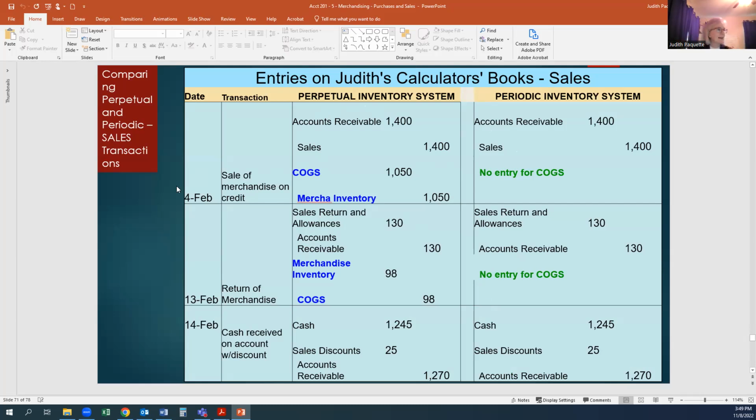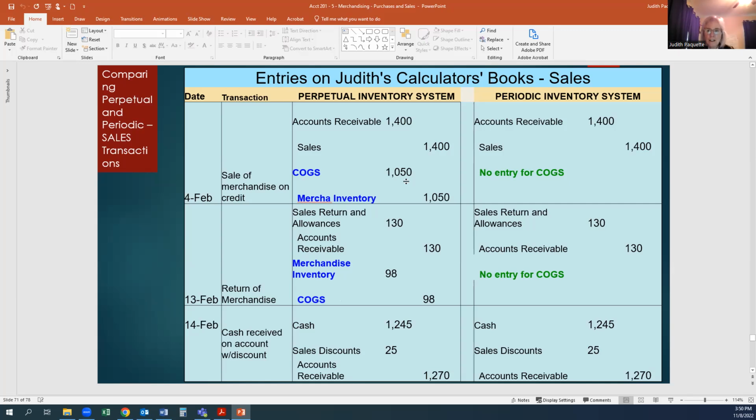Why? Because in the perpetual system, we're keeping inventory updated for sales. We're keeping inventory updated for returns. In the periodic system, we don't do that. We figure out what's in ending inventory when we take a physical inventory. We figure out cost of goods sold after we subtract ending inventory from goods available for sale.